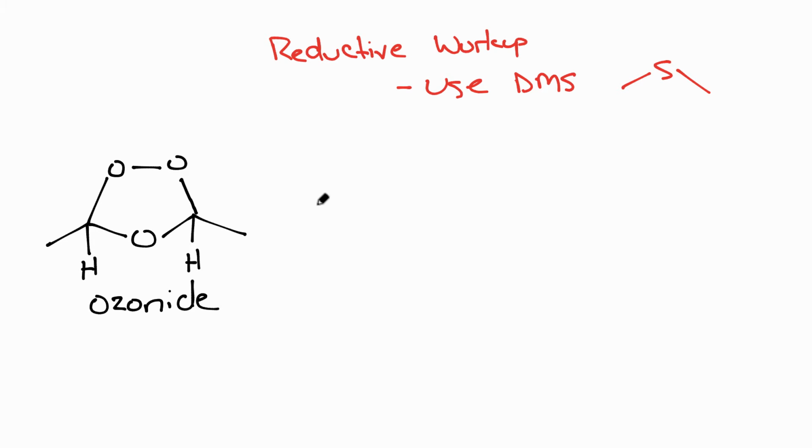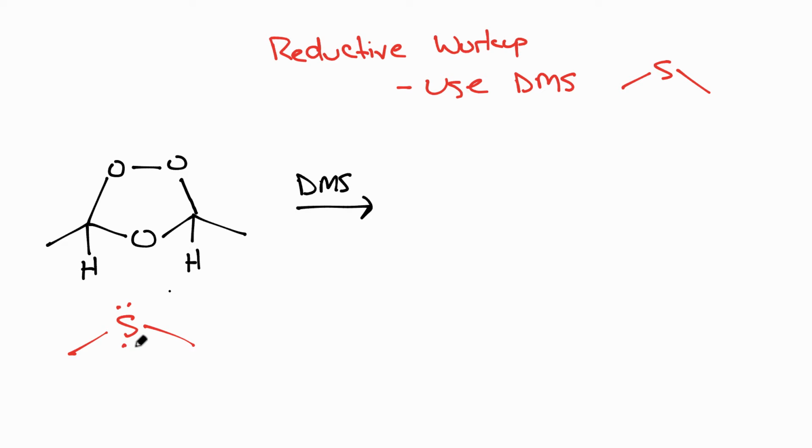So once this ozonide is subjected to the DMS step, what we'll think about is how this DMS can break this ozonide down. It may not be quite this simple, but we'll just use this to track our electron movements here.